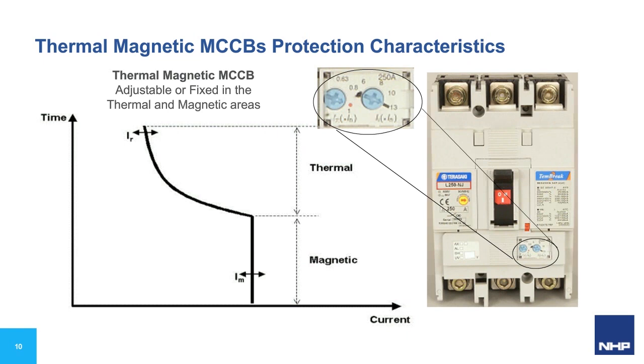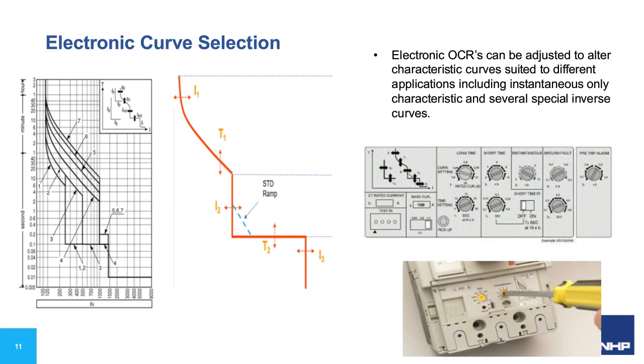Electronic molded case breakers have a number of setting style options available. They generally offer a wider range of setting options than thermal magnetic types, and this allows for the finer range of setting adjustments that are often required. They also introduce the short time portion of the curve to allow improved selectivity with thermal magnetic breakers and fuses downstream.